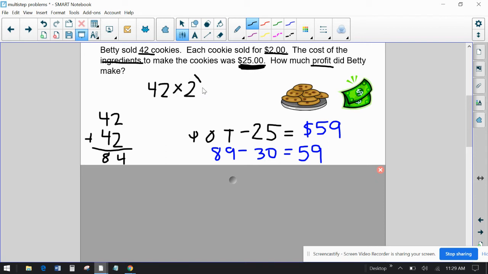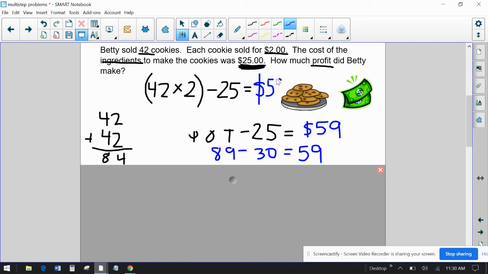And that was our first step, and we put that in parentheses. Then we have to take away the $25 in order to find out how much money she actually put in her pocket at the end of the day. So the answer with the units is 59.